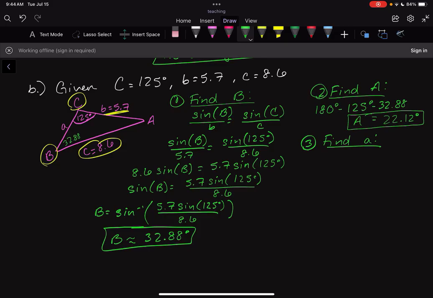I'm going to do sine A over A is equal to sine C over C. I plug everything in and solve this.